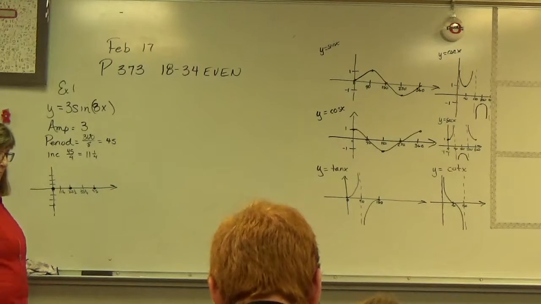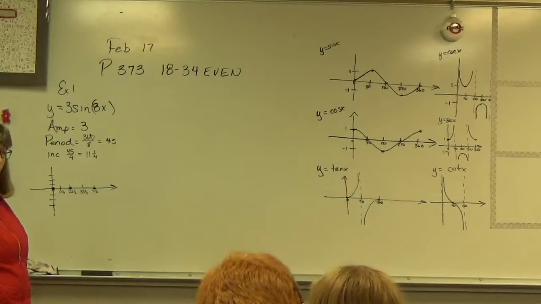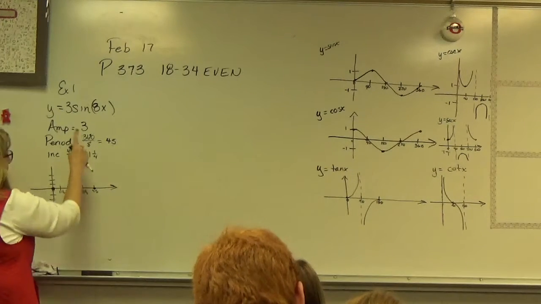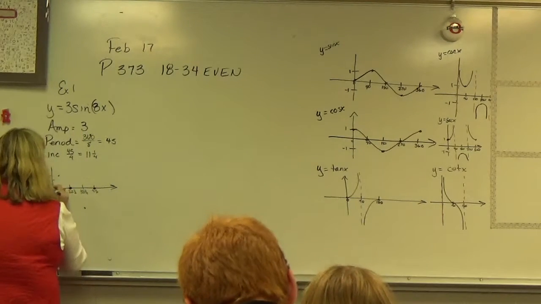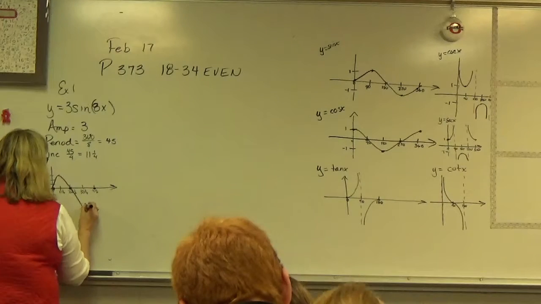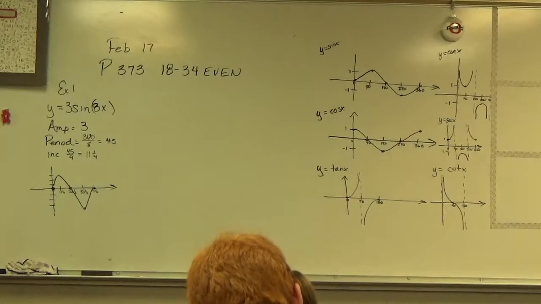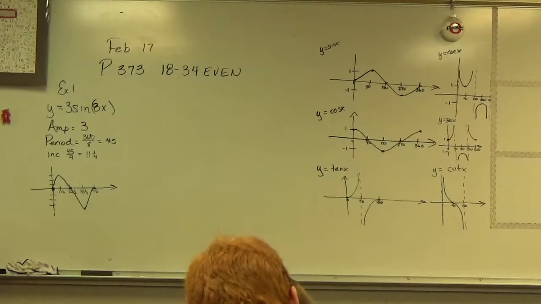Do you see my method to my madness there? And then on the quarters, we're at our highs and lows, which is our amplitude. So we're going to go up 3 and down 3. And mine literally are sketches of the figure.